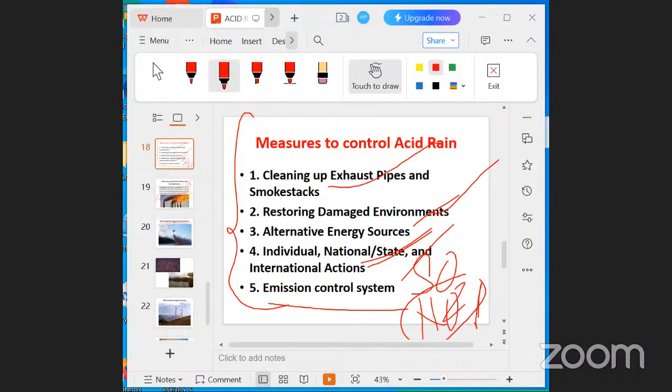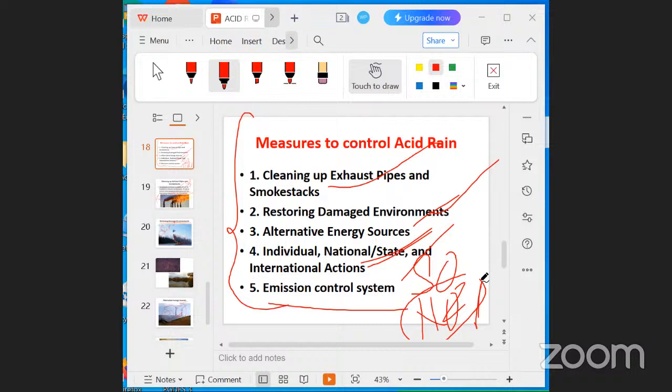So save electricity, save fossil fuels and save our environment, because electricity is mostly produced with the use of fossil fuels in thermal power plants.